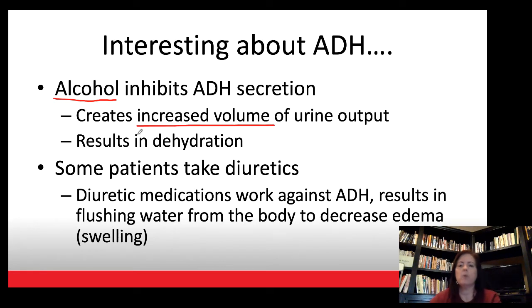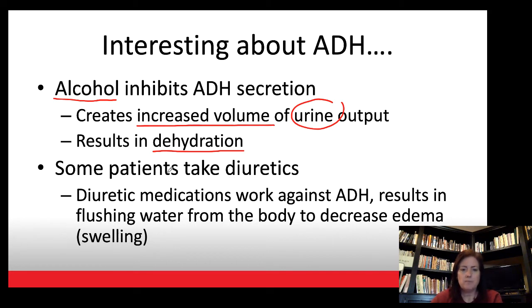So if you have increased urine output, your body is losing all that water, and it's going to ultimately result in dehydration, which is why if you go out at night and drink too much alcohol, the next morning you're dying of thirst. That's because you've had this increased volume of urine and now you're dehydrated.